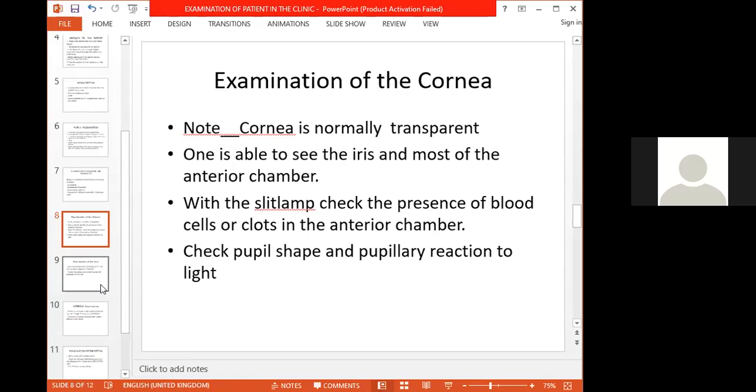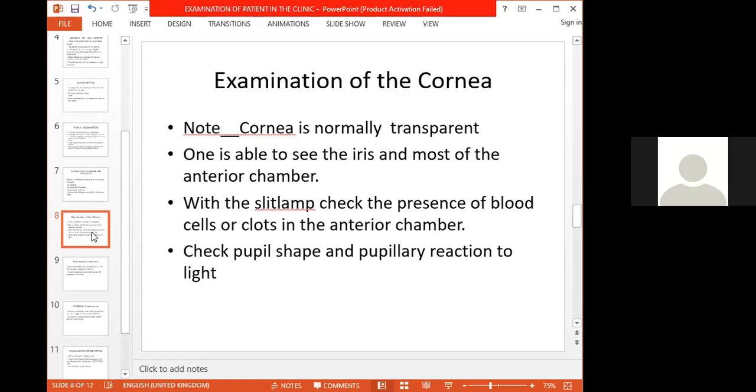Let's look at the cornea, examination of the cornea. The cornea is normally transparent. You are able to see the pupil by just looking through the cornea. One is able to see the iris and most of the anterior chamber. With a slit lamp, check the presence of blood cells or clots in the anterior chamber.